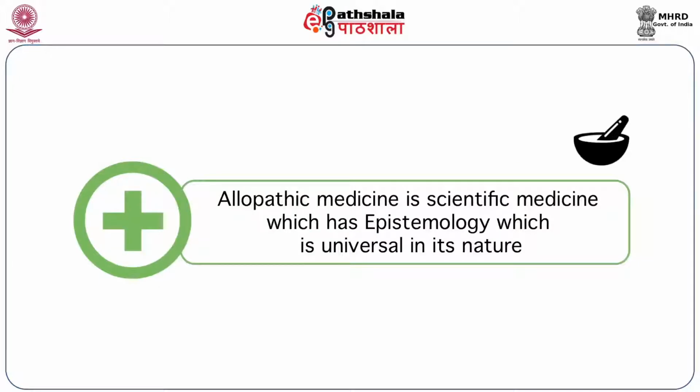Allopathic medicine is scientific medicine which has an epistemology that is universal in its nature. What it actually means is that allopathic medicine talks about objectivity. It sees the objects in their truth form.